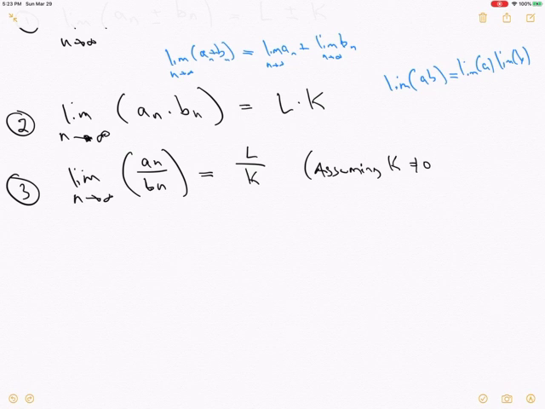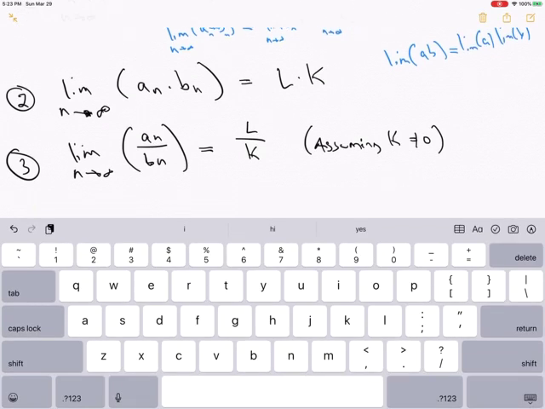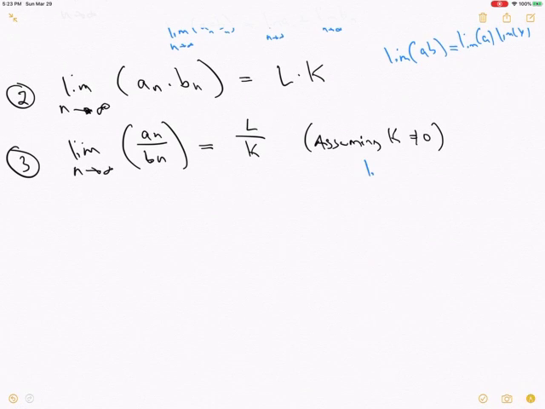So again, this says symbolically that limits behave well with respect to division. So the limit of A over B is the limit of A divided by the limit of B.